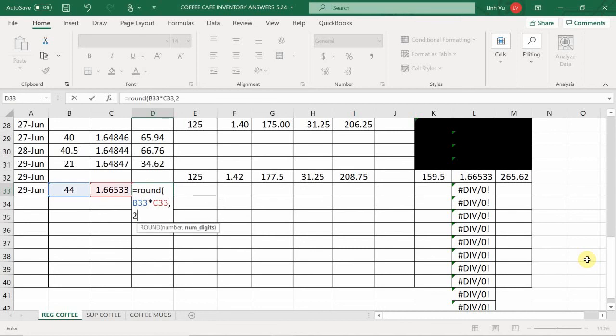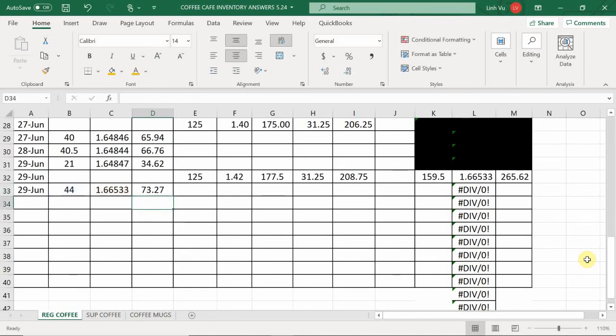Okay, so what's my total cost of goods sold here? I have 73.274. Good. 27.4, round down. So you're going to be 27 even.